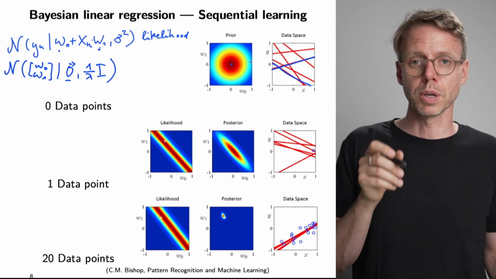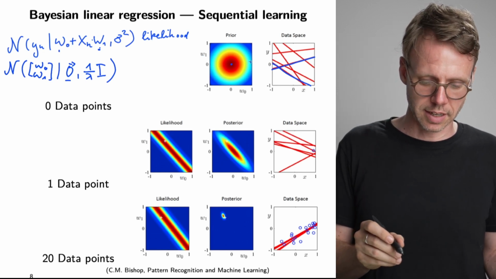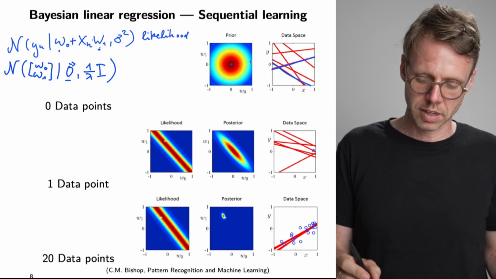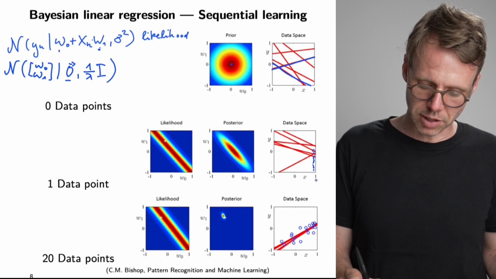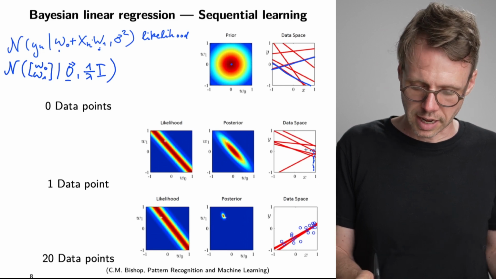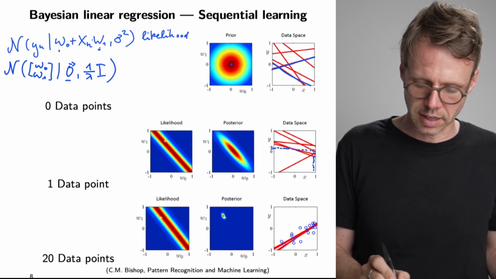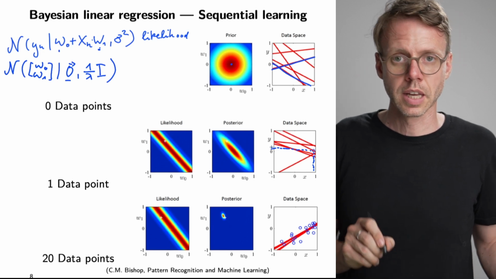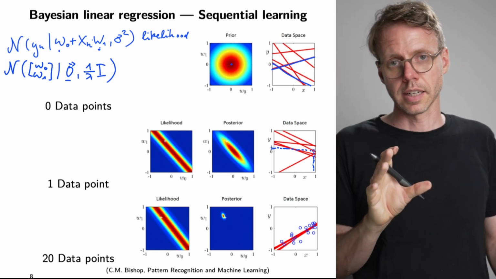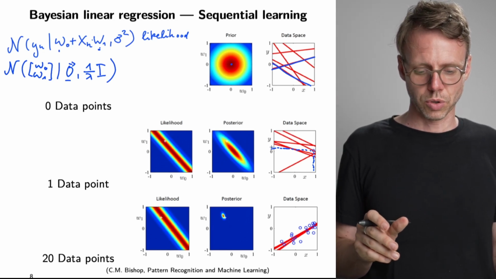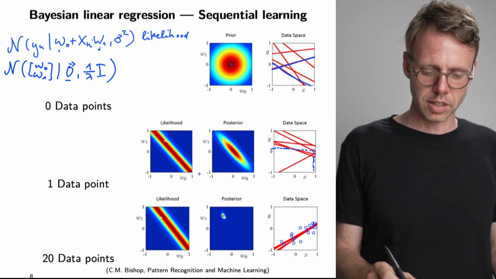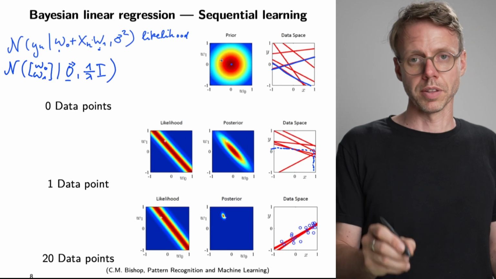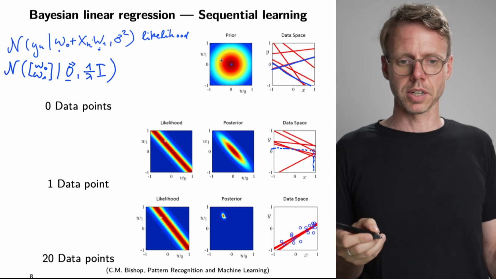But now we observe a single data point, which has an x value and has a y value. And this allows us to combine a likelihood with the prior to compute a posterior distribution.